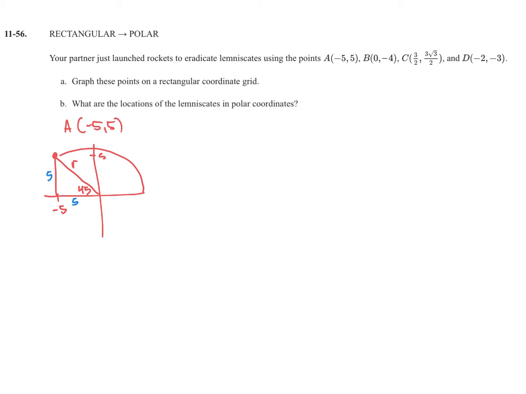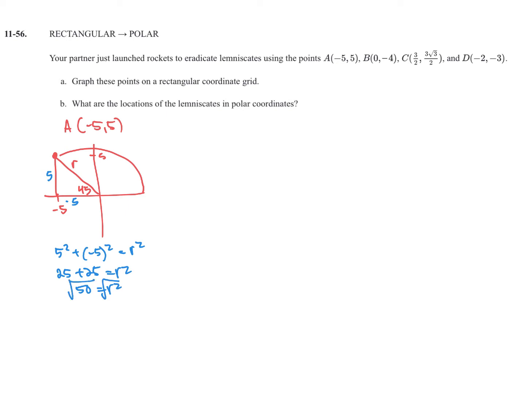-5, it doesn't matter. So I would use the Pythagorean theorem to figure out r. You would have 5 squared plus -5 squared, doesn't matter because it's being squared, equals r squared. So 25 plus 25 equals r squared. 50 equals r squared, square root, plus minus, but I only need the plus part.